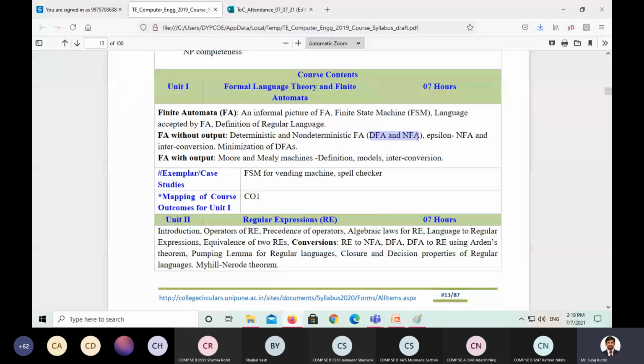And minimization of DFA, how to reduce the number of states per machine. So that is optimization. Minimization is nothing but optimization of your machine diagram or state diagram to reduce the number of states of the machine, so that you will have some input, and output will be generated with a minimum number of transitions and a minimum number of states required for the machine. So that is minimization, that we'll see in detail.